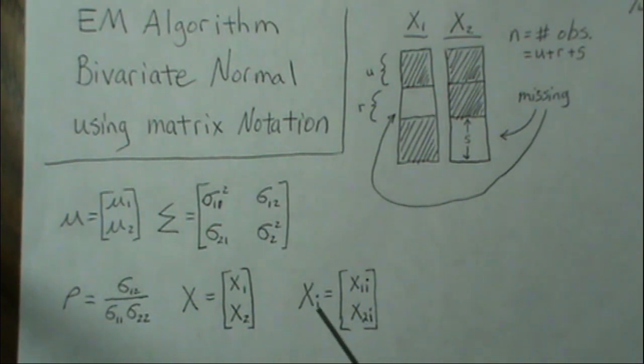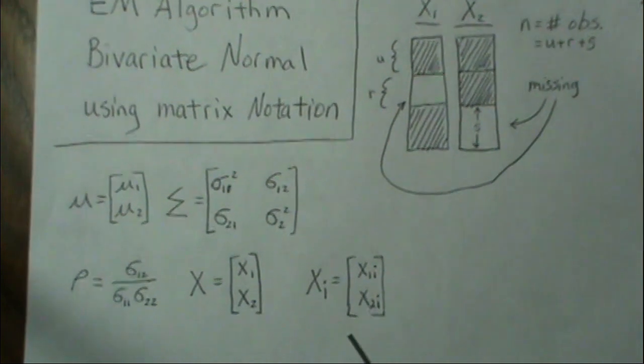This is an observation: the ith observation has two components, two numbers that we're collecting, and there'll be n of these 2 by 1 vectors.